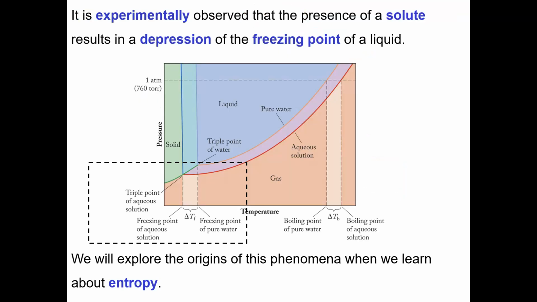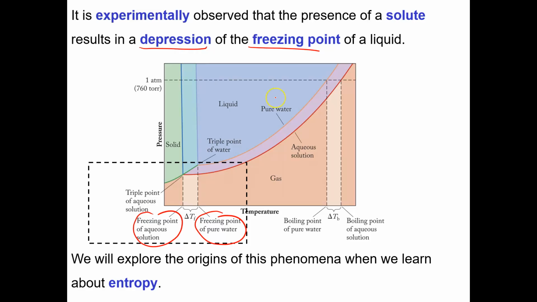If we look at the phase diagram for a pure solvent and then also a solution, what we'll observe in each case is a depression of the freezing point. So here's a good example. We're looking at the freezing point of an aqueous solution versus the freezing point of pure water.